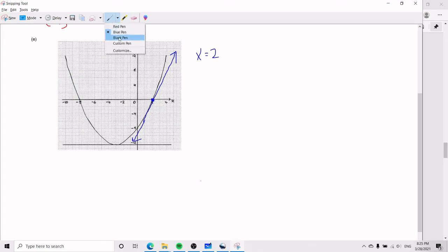Because intersect at x equals 2 could be something like this. This is not a tangent because it touches twice and also it cuts through it. A tangent touches it only once and never again and does not cut through it. All right, so that is an important distinction between tangent and intersection.